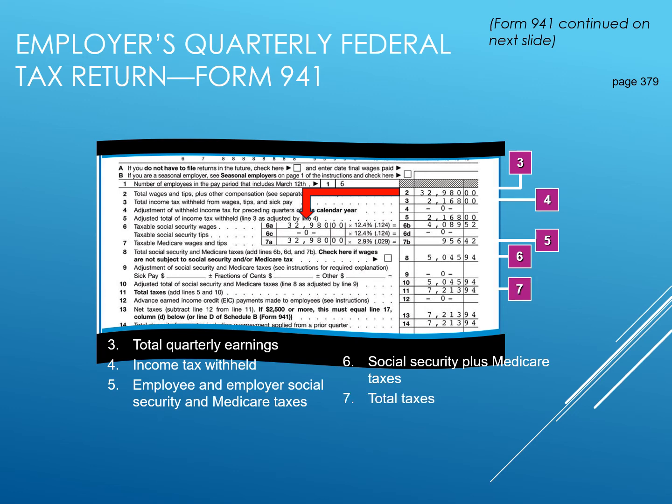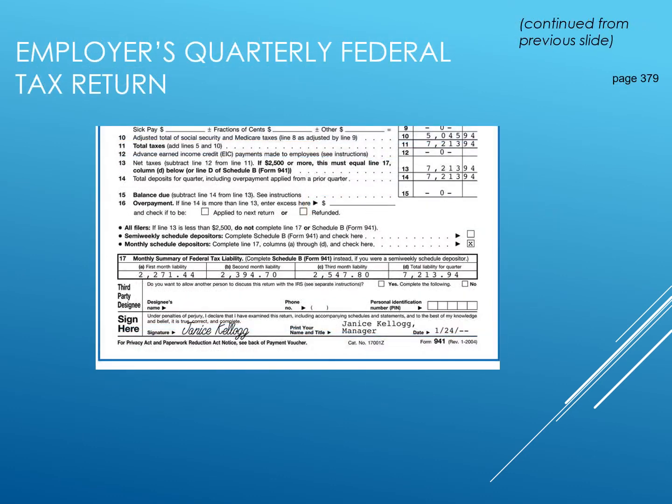Our total taxes are recorded on line 11. To get your total taxes, you will add up line 5 and line 10. The last step is to complete the table for line 17.